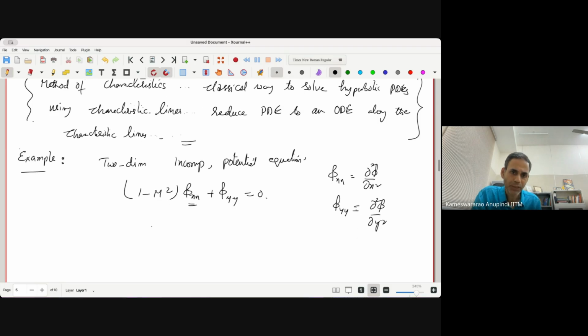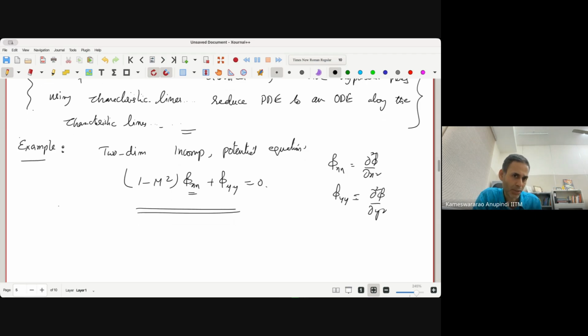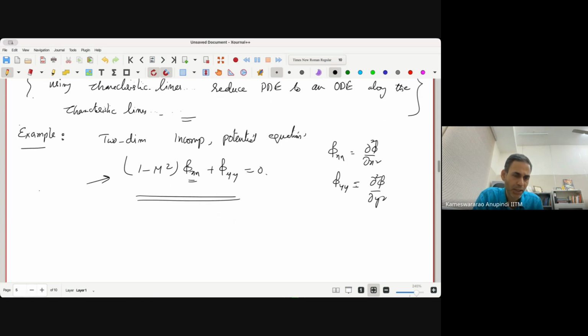Now, let us say this is the equation. Then what is the type of this equation? To know the type, because this is a second order equation, I can apply the b squared minus 4ac that we have just learned, in which case a equals 1 minus M squared, b equals 0, and c equals 1. b equals 0 because there is no mixed derivative, there are no phi xy terms, right? So c equals 1.